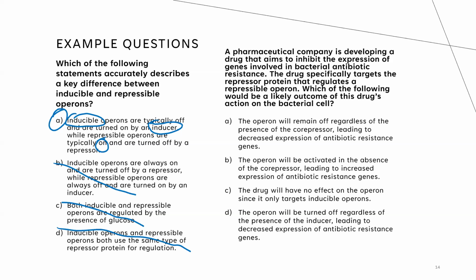Repressor is going to be doing the turning off always. It doesn't matter which operon we're talking about. If your gene is turned off, it's because of the repressor. Was the repressor there to start with and you're removing it? That's inducing. Or is the repressor getting put on there after the fact? That's a repressible operon. So that's what this is getting at.